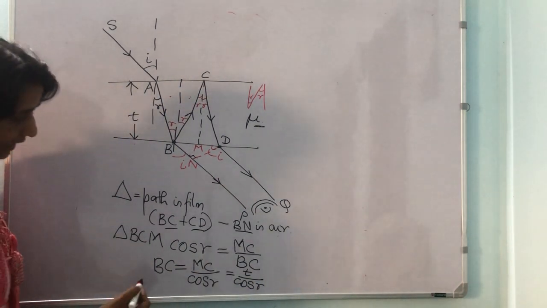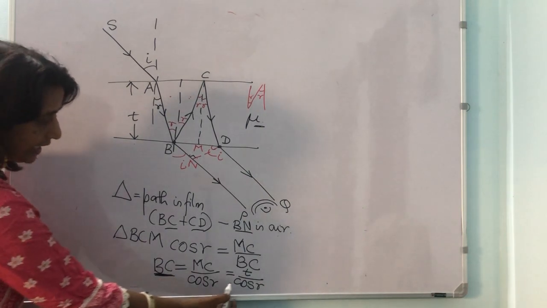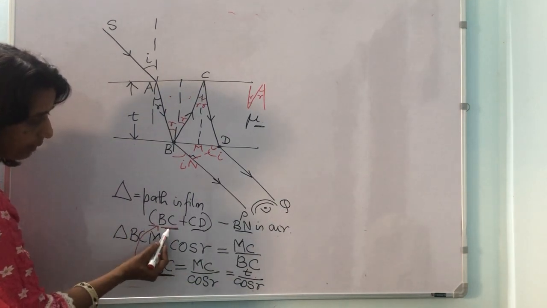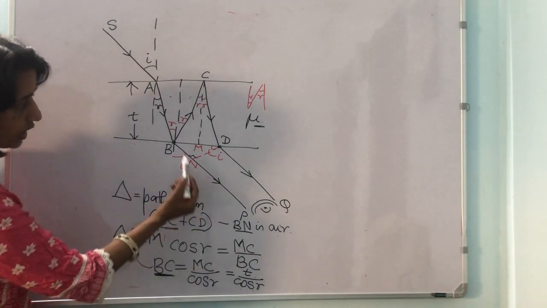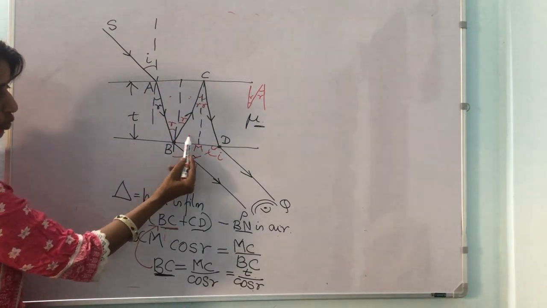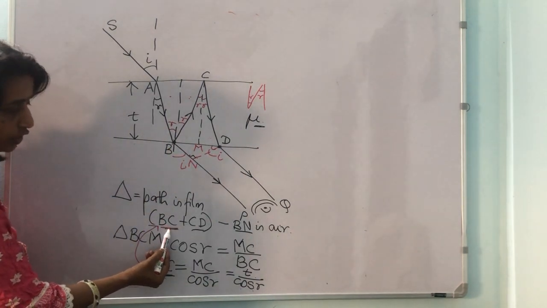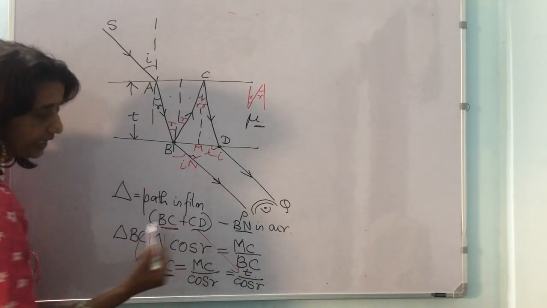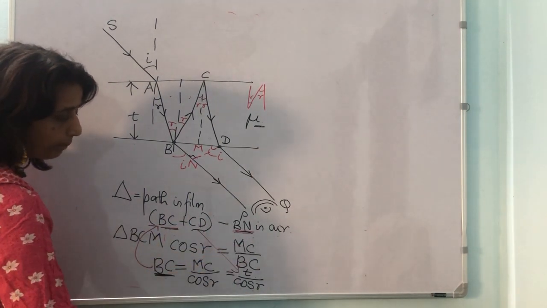So now this value of BC which we have found, that is T upon cos R, we will put it here. BC will be replaced by T upon cos R. And if we have a closer look, BC is equal to CD because these two triangles are similar. Hence, this expression will reduce to 2T upon cos R. So this gets simplified. Now let us concentrate on BN.